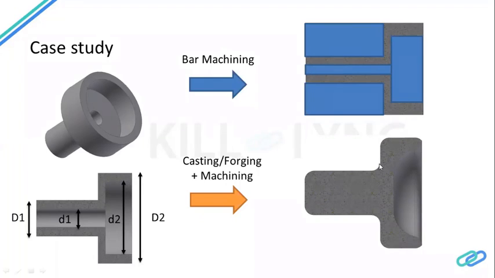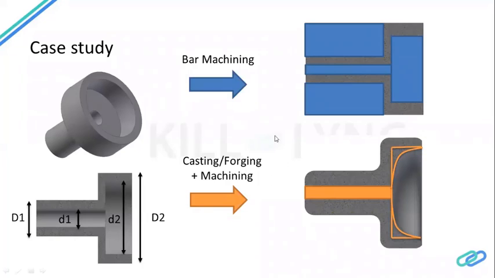The moment you see this, you can immediately understand that we are saving a lot of material from wastage, because from the casting or forging process we already get almost 70 to 80% of the final product that we need. So we remove only some 15 to 20% of the material from this raw forging or raw casting, and then we get the final product.